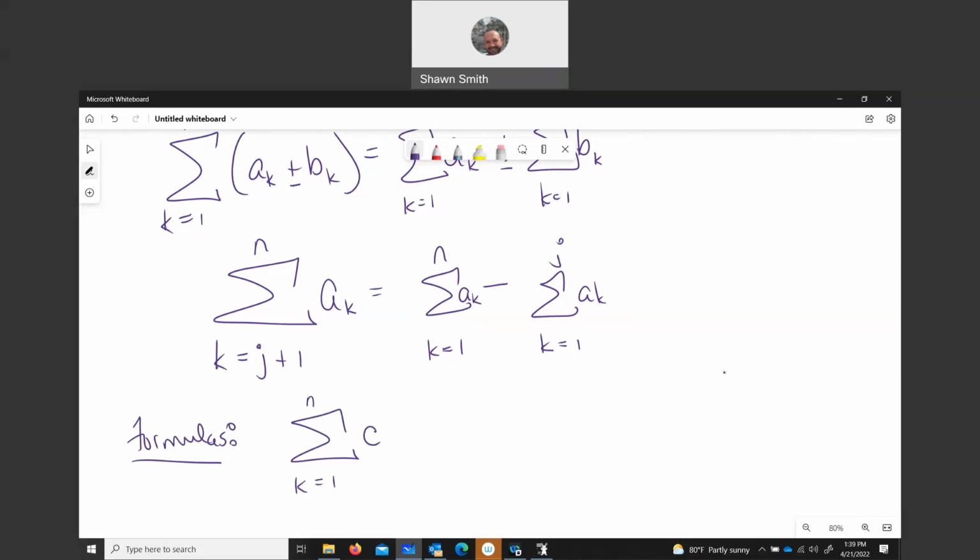And you want to sum it from 1 to 10. So first term is 5, second is 5, the third is 5, all the way, 10 terms of 5s. Well, that's 5 plus 5 plus 5 plus 5. That's just 5 times 10. So this is just n times c or c times n, either way, where c is a real number.